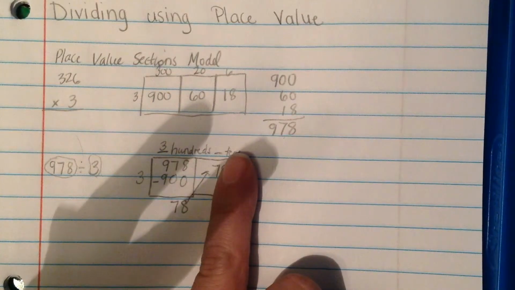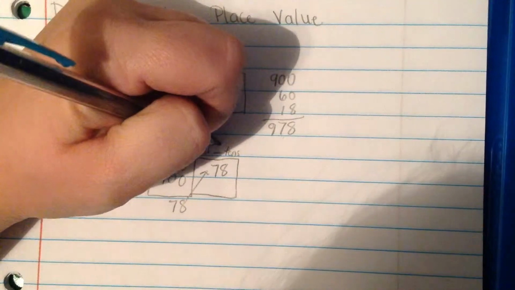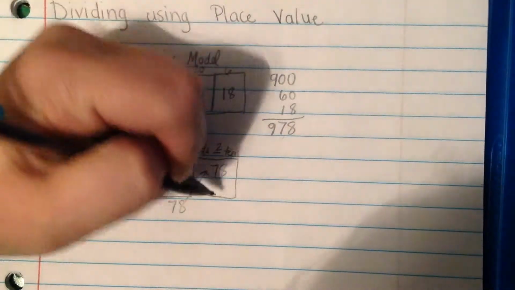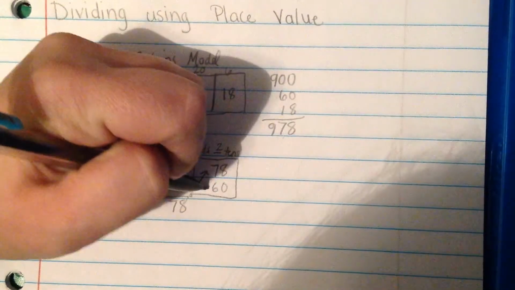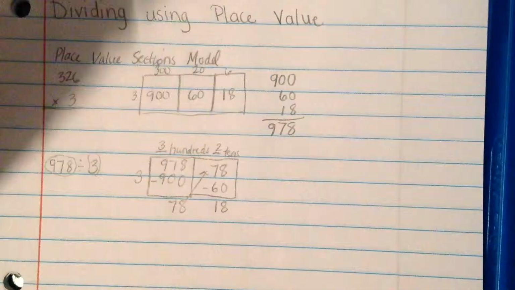So 3 times 2 would give me that 6, so it's 2 tens. When I multiply 3 times 2 tens, or 3 times 20, I'm going to get 60. Again, I'm subtracting, and I'm going to write my answer underneath my boxes.